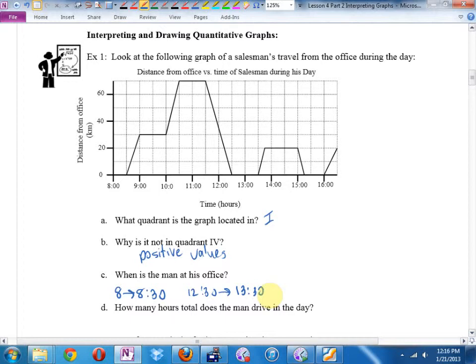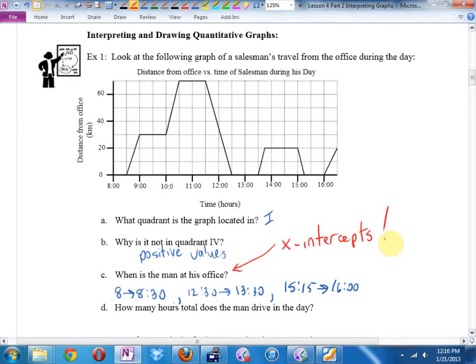So I think it's valid to assume 15:15 until 1600.